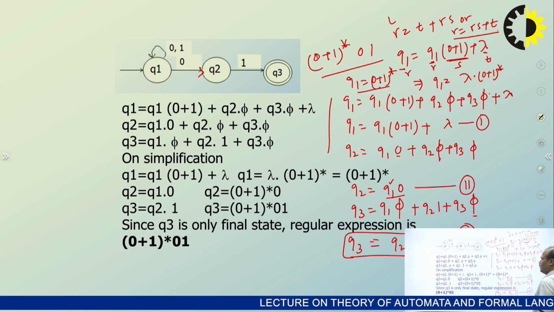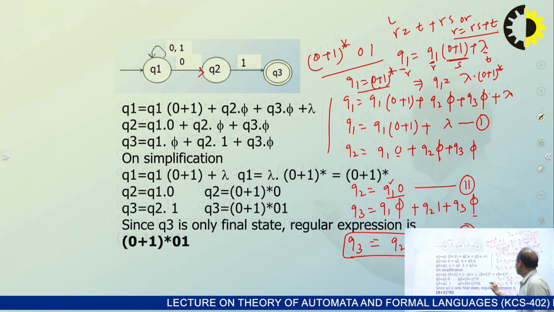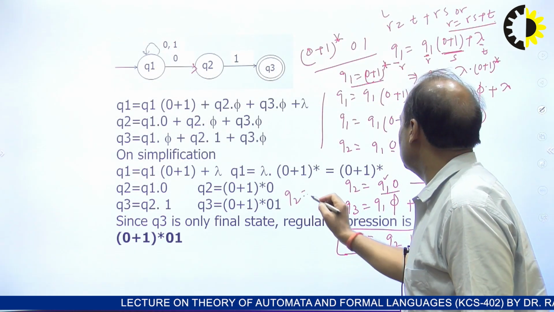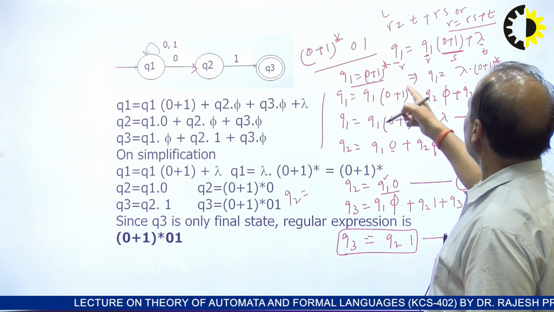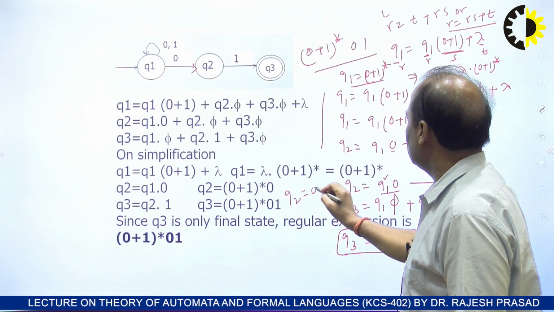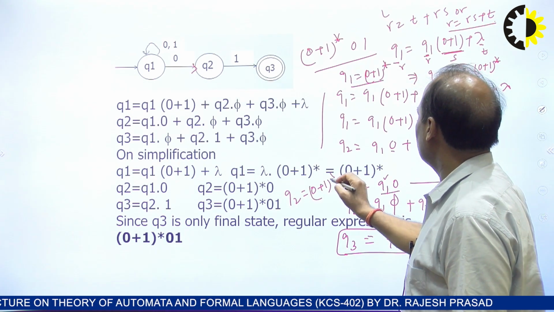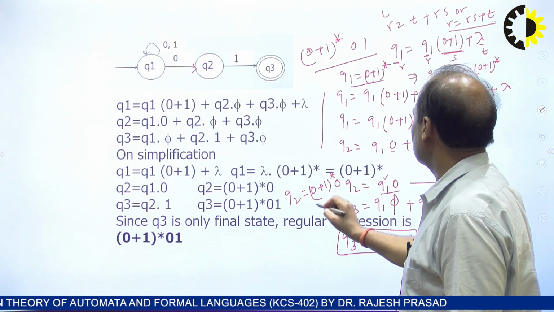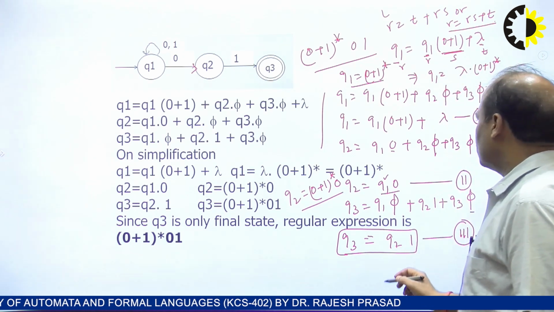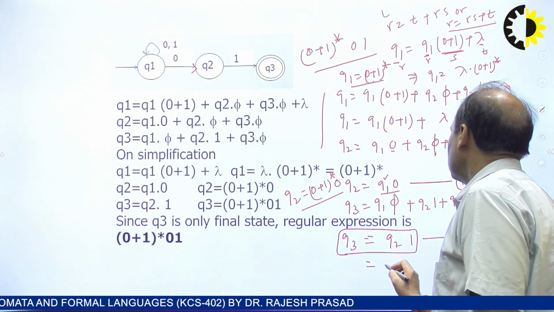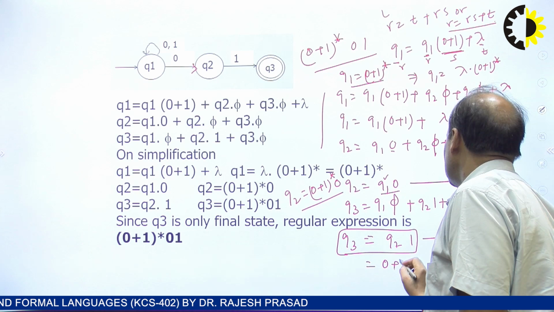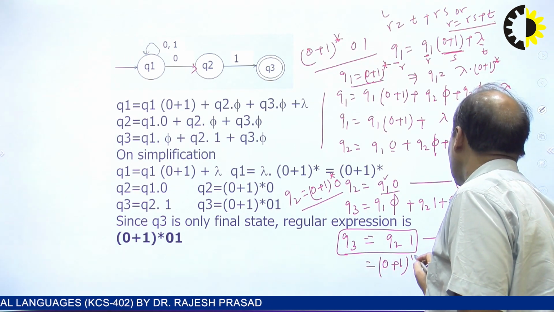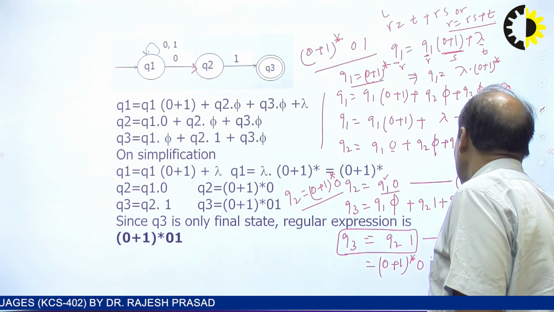Once you get q1, you can apply it here to get q2. By this method, q2 is q1 0, so q2 is (0+1)*0. Just apply q2 here, so you will see that q3 is (0+1)*0 and then 1.